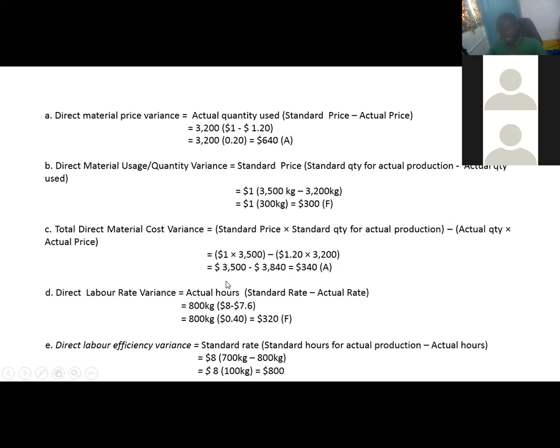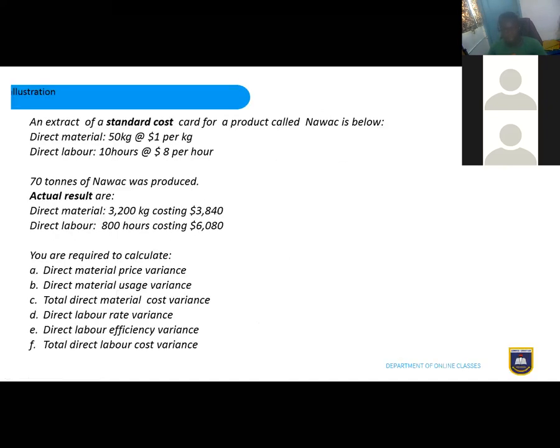Now, let's go back to the question and find out what our actual hours is. The first part is for standard cost. The second part is for actual. We are looking for actual hours, direct labor. This is 800 hours. The actual hours that was spent to produce a product is 800 hours.